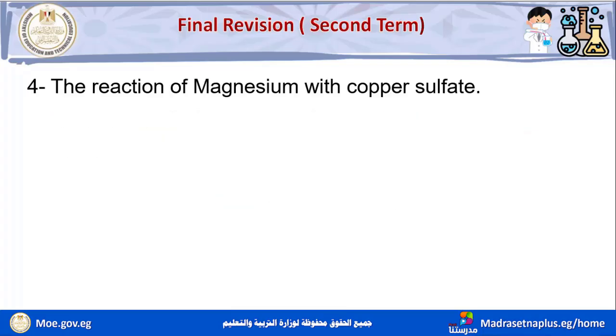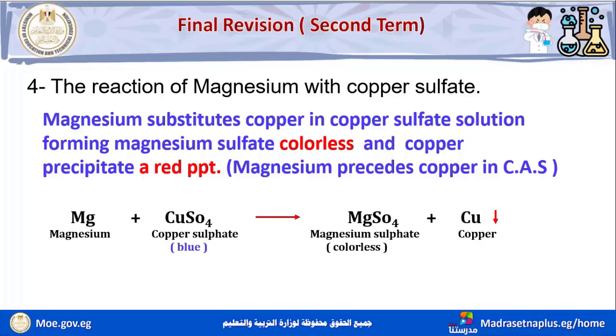Number 4, the reaction of magnesium with copper sulfate. Magnesium substitutes copper in copper sulfate solution, forming magnesium sulfate, colorless, and copper precipitate, red precipitate.